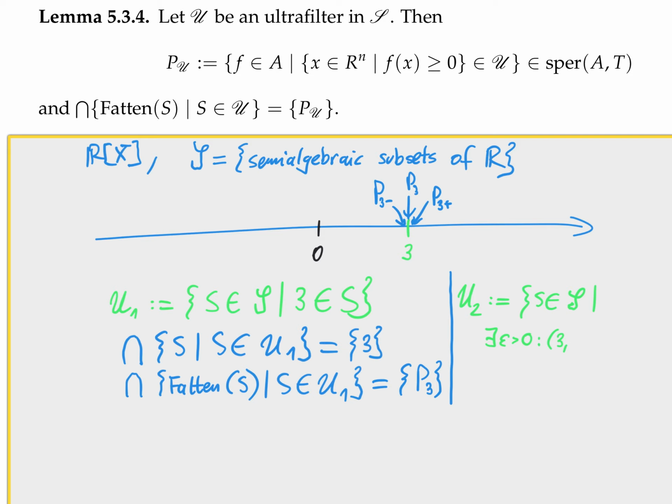It's actually an ultrafilter, right? Please do it as an exercise. It's an ultrafilter in this Boolean algebra. By the way, it wouldn't be an ultrafilter if I took here the interval where the endpoint 3 is included. Oh, sorry, I have to take actually 3 plus epsilon, I'm sorry.